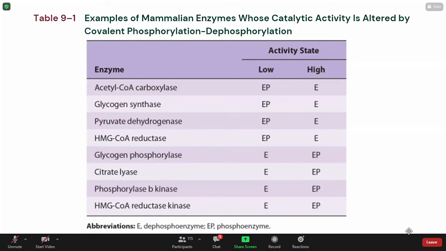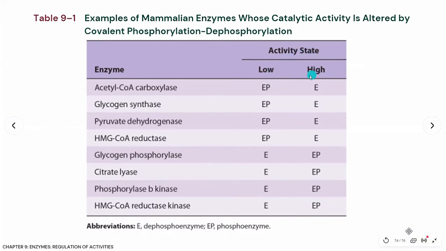Some enzymes, when they are phosphorylated, become inactive. As you can see here, you have the enzyme and the activity state, low and high. Acetyl-CoA carboxylase with a phosphate is low in activity, but without the phosphate, it's high activity.